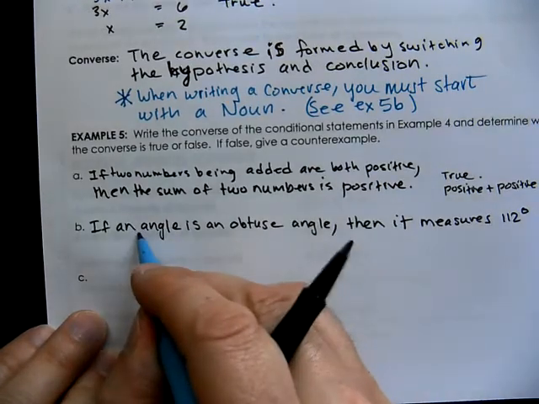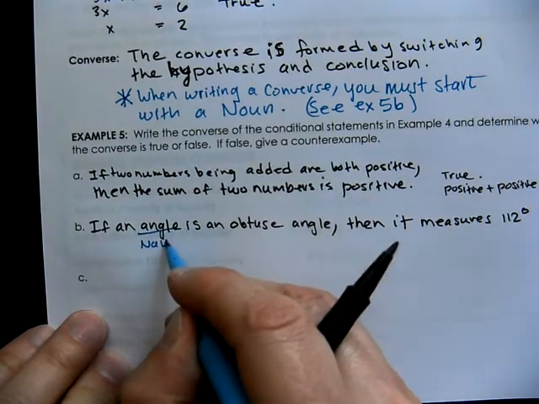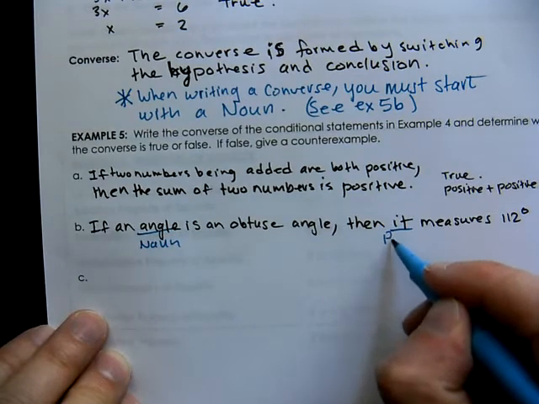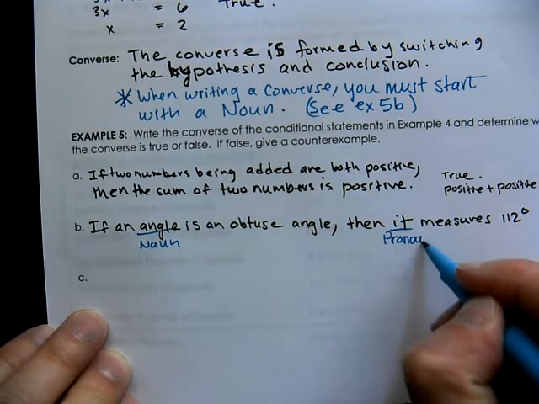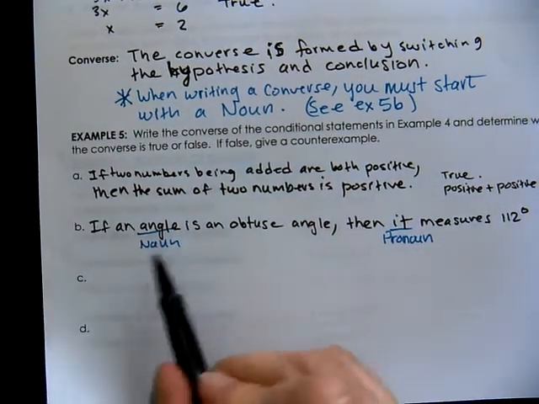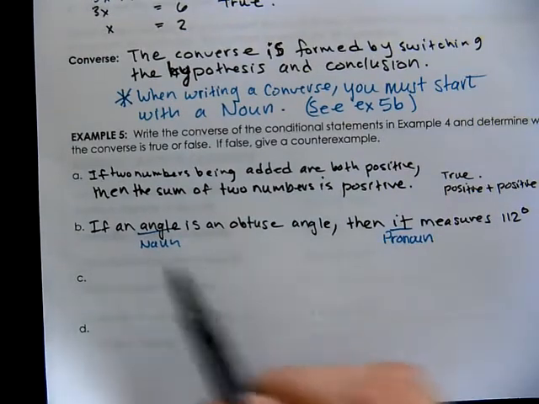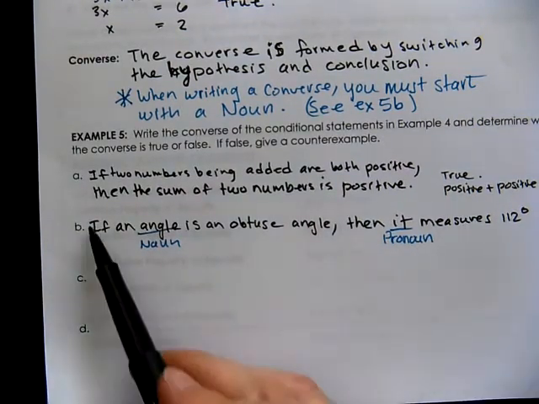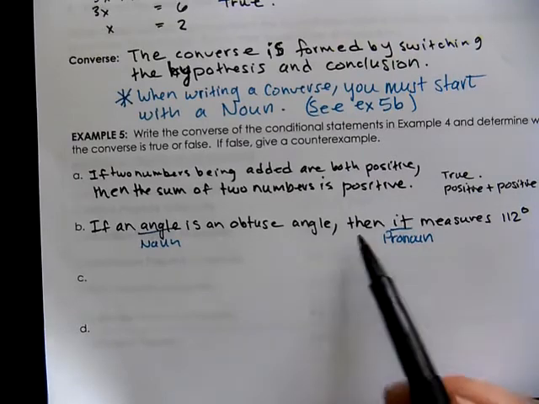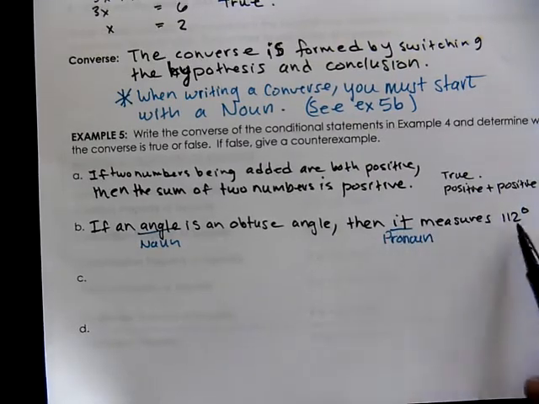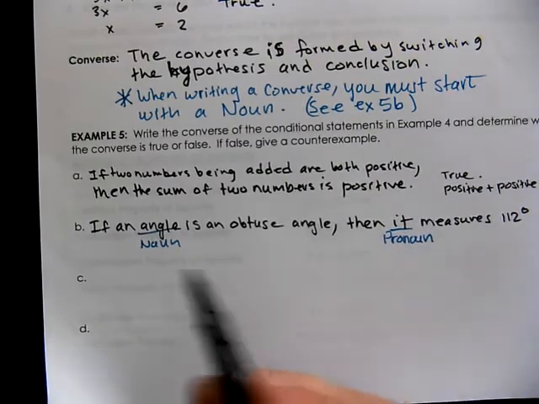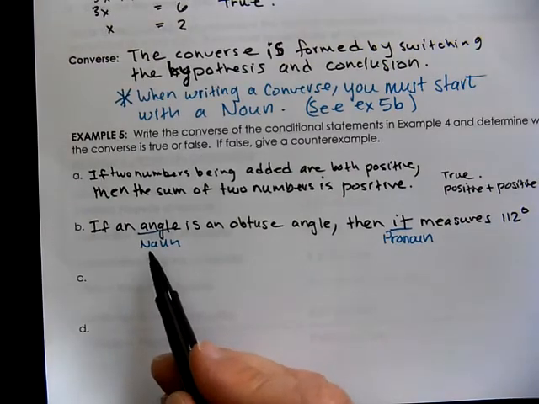Alright, so there's your noun, there's your pronoun. So again, always make sure your sentence starts off with the noun. You could have noun, noun. You could say if an angle is an obtuse angle, then the angle measures 112 degrees. But you can't have pronoun at the beginning.